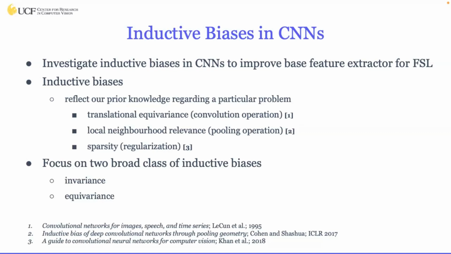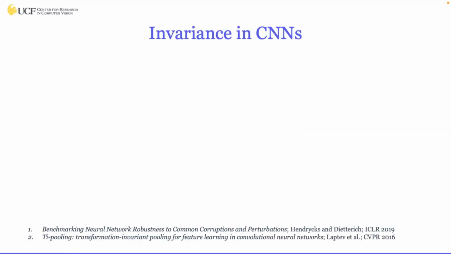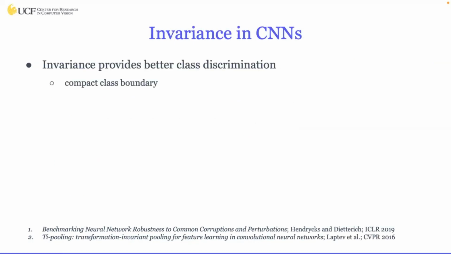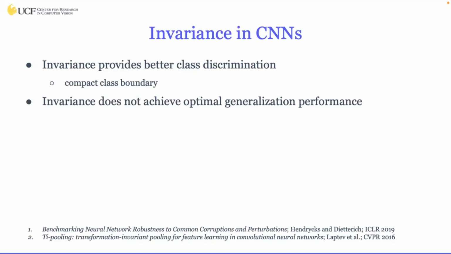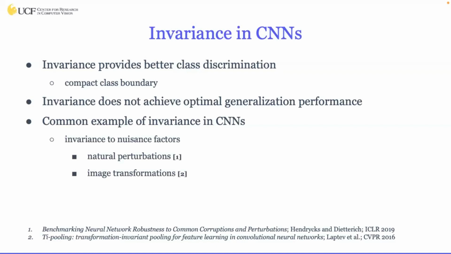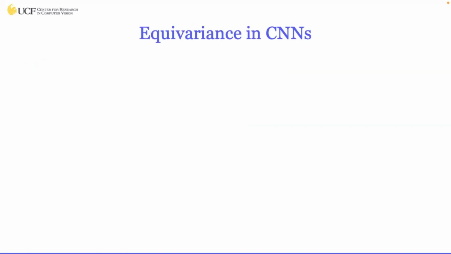In this work, we focus on two broad classes of inductive biases, which are invariance and equivariance. There are different kinds of invariance in CNNs, and invariance provides better class discrimination because it leads to compact class boundaries. However, it does not achieve optimal generalization performance because the goal of invariance is to have compact class boundaries on the known classes with the known set of labeled samples. A common example of invariance in CNNs would be invariance to nuisance factors like natural perturbation, viewpoint changes, or image transformation.